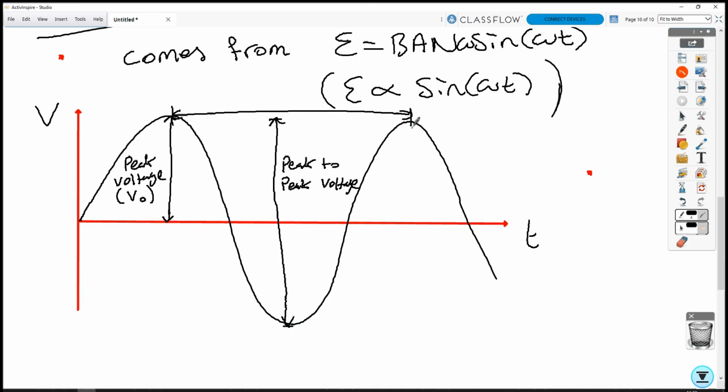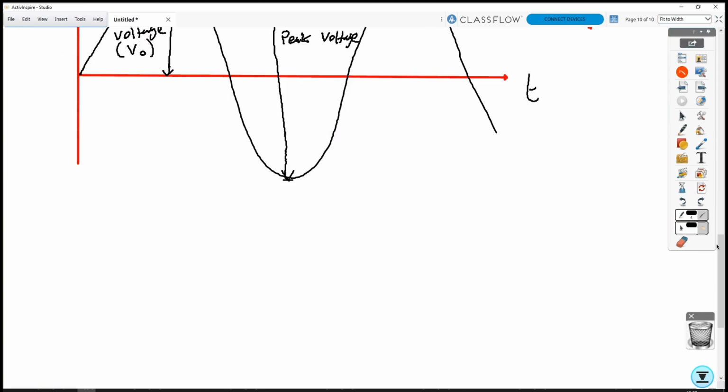And over here would be the period, the time taken to complete one oscillation. And just like in waves, if you know the period, you know the frequency. So the frequency is equal to 1 over the period.